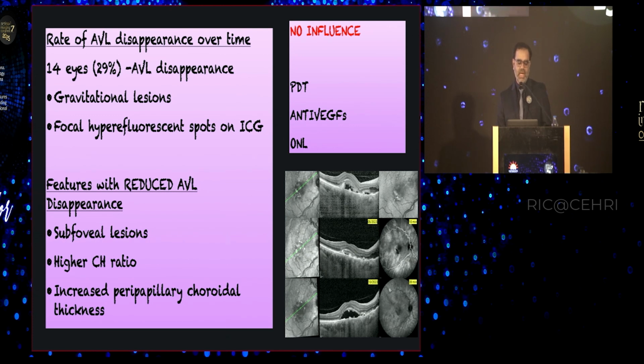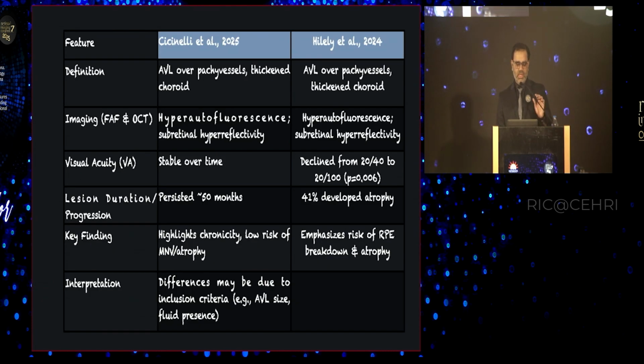Almost 30% of these patients had disappearance of the AVL over the span, and the features which helped in disappearance were gravitational lesions or focal hyperfluorescent spots on ICGA. Features associated with reduced AVL disappearance were subfoveal lesions, higher Haller's to choroidal thickness ratio, and increased peripapillary choroidal thickness. The point to note is that no influence of PDT or anti-VEGFs was seen with these AVL lesions.